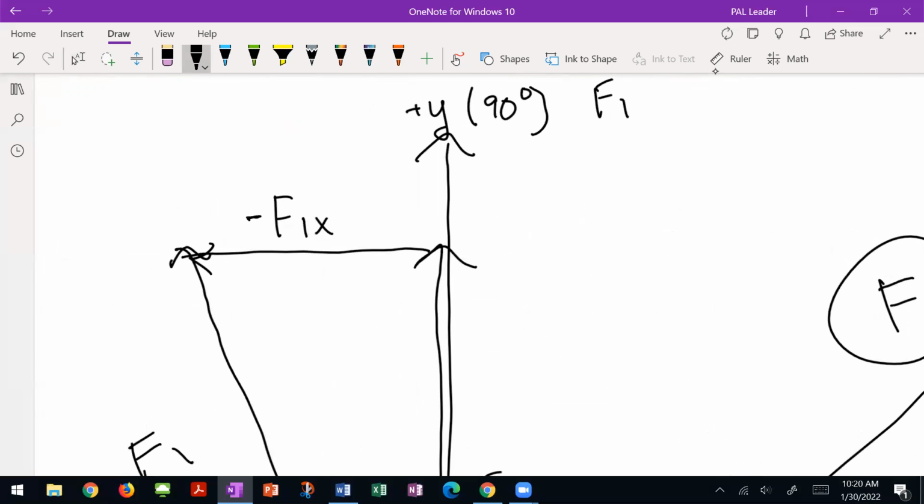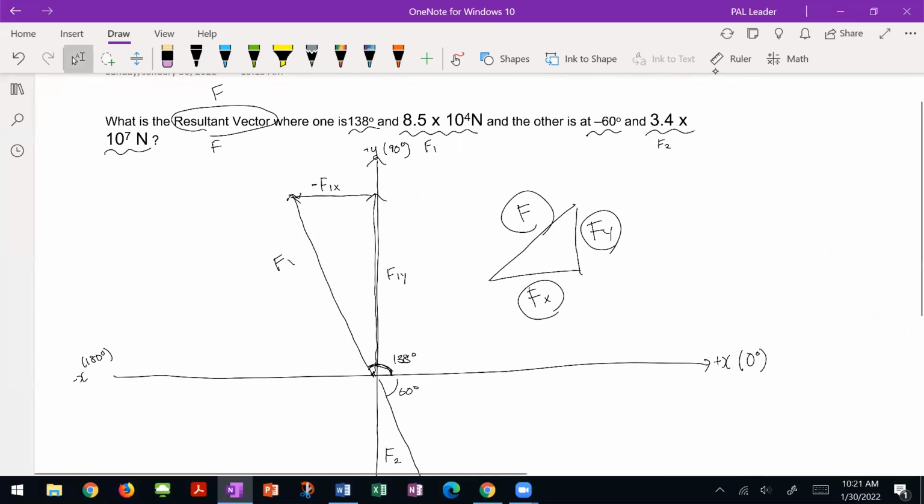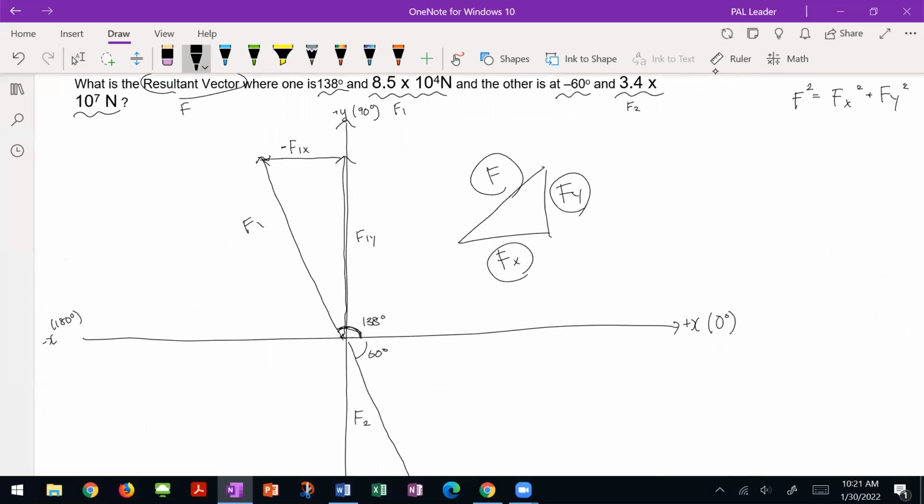This needs to be negative because it's going left. That's the negative direction, right? And we have a triangle here, which means we need to find the angle. We know this is 138. We know that this is 90. So if we just do 138 minus 90, that would tell us that this angle is 48 degrees.